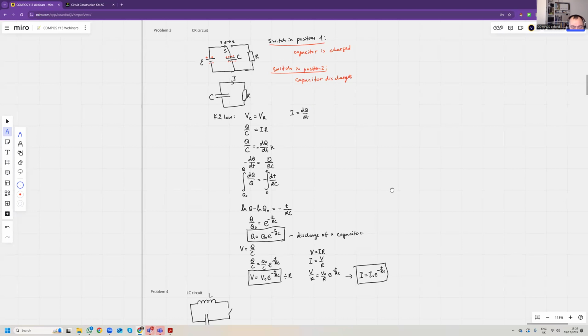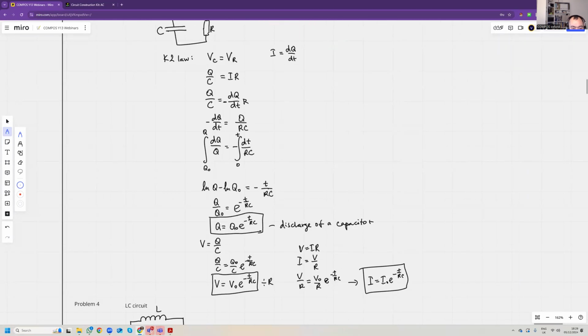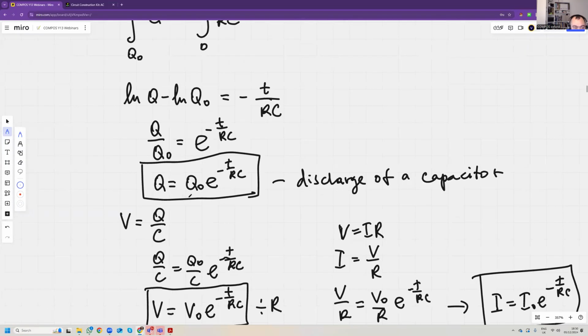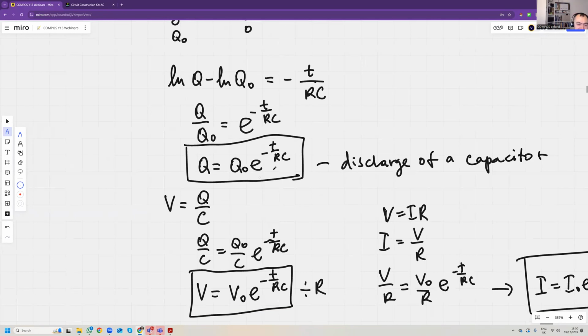It depends on the circumstances. Like time, we're not interested in that. We're interested to know the charge at a given time. So we're interested in the final charge at time t. When I say final charge, it doesn't mean after infinity seconds. No, it means after t seconds.